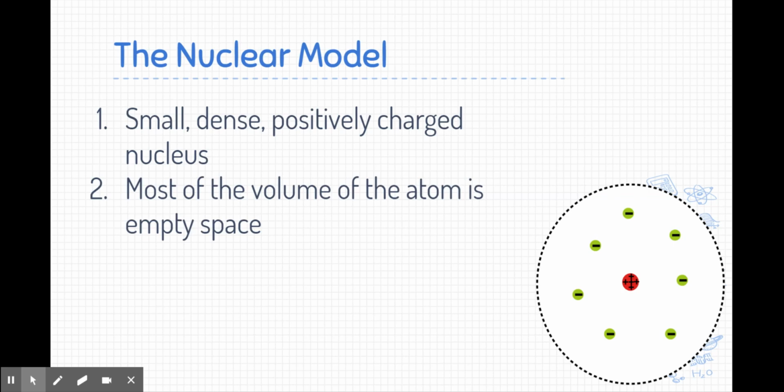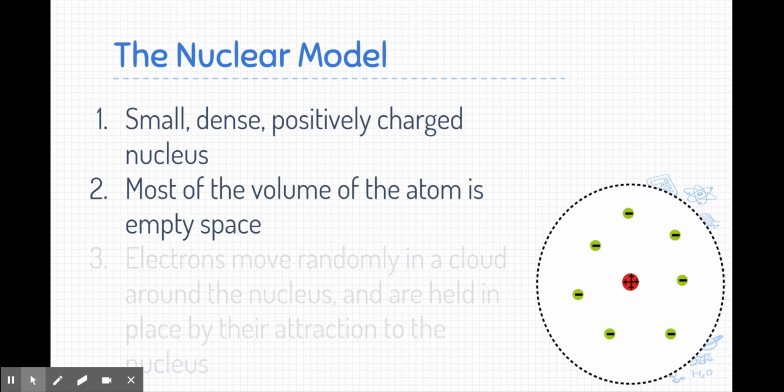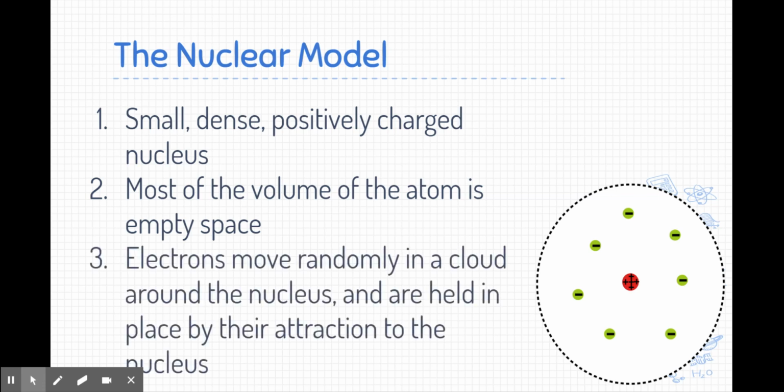There's no matter there. There's no particles. And the electrons are found in a cloud. So not a literal cloud, it's just the term that we use. An electron cloud just means that they're moving about randomly, but they're held in place by their attraction to the nucleus. So there we have the nuclear model.